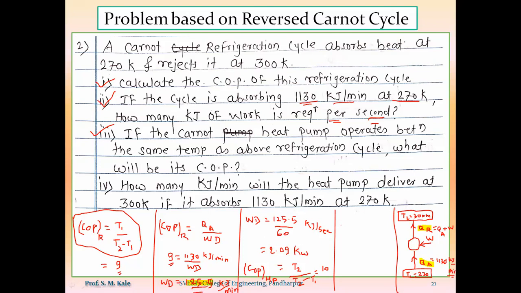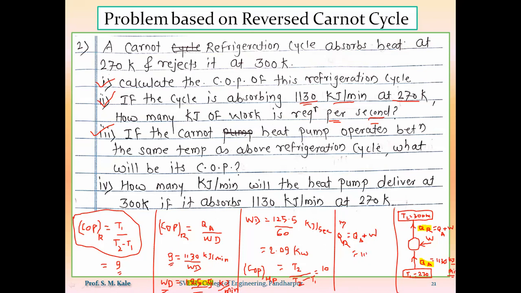So here, for the fourth one, if I want to calculate the value of QR, it is nothing but QA plus W. The value of QA is 1130, and while considering the value of work done, you have to consider it in terms of kilojoule per minute only.